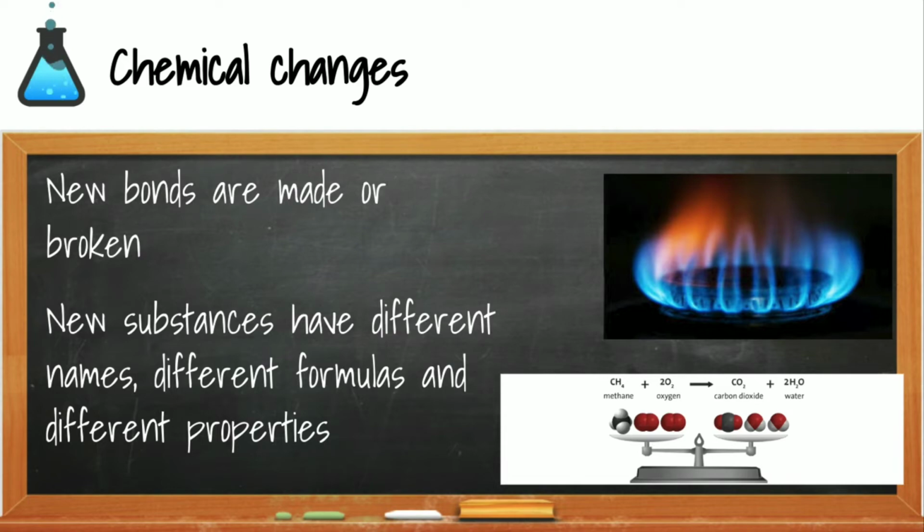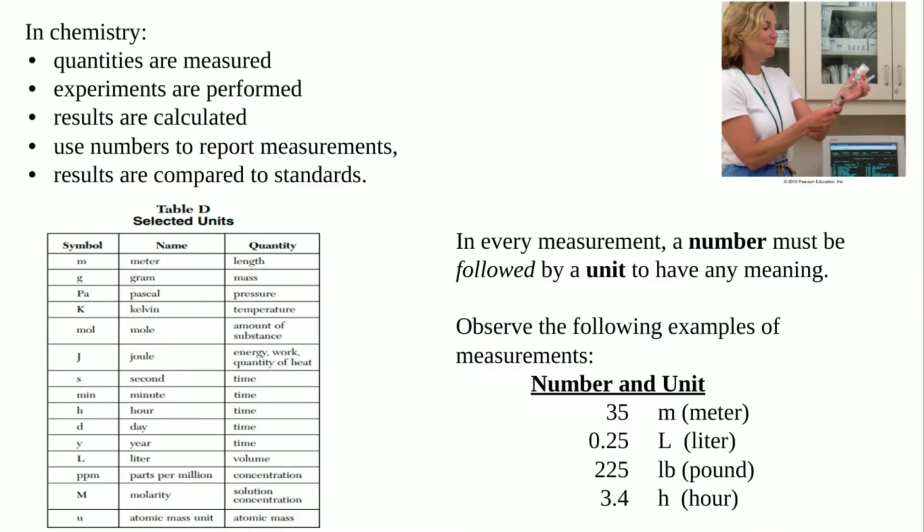Now, in chemistry, like all science, it is very important that we make measurements. We make our measurements in our experiment, we report our results, and we make sure that our results match scientific standard and we execute the scientific method.